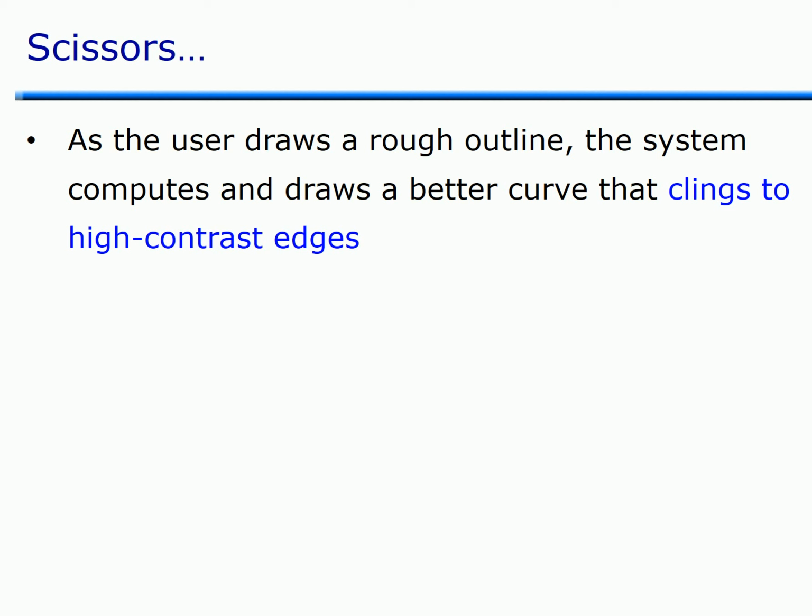As the user draws a rough outline, the system computes and draws a better curve that clings to high contrast edges. This ensures that while drawing, the boundary accurately tracks the actual outer line of a given object.